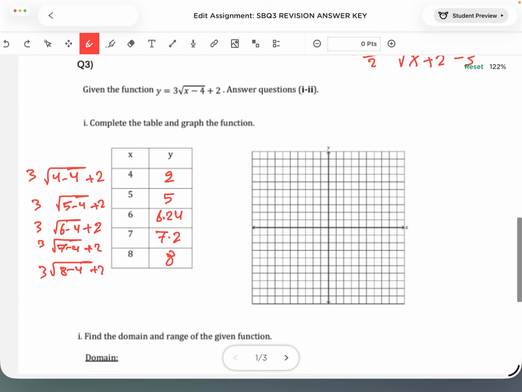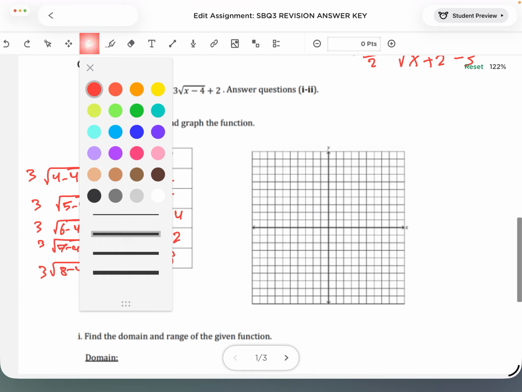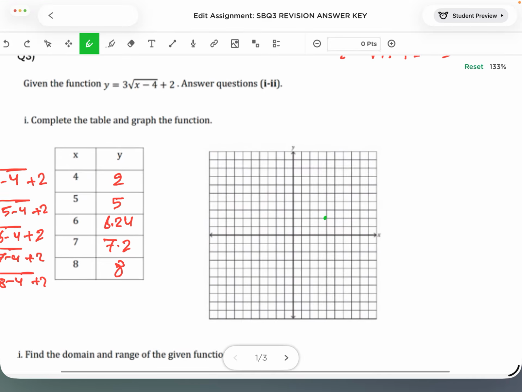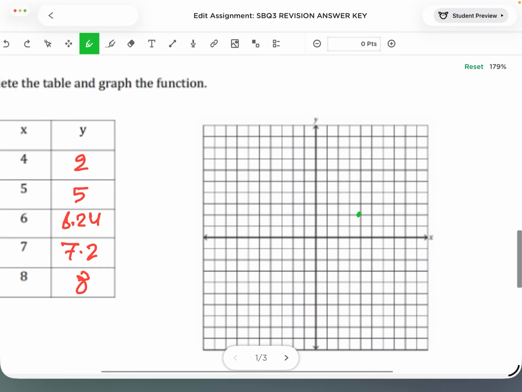Now, I will plot these points in the xy plane. 4, 2, I think it is here. 5, 5. It's not 5, 5. 1, 2, 3, 4, 5, and 1, 2, 3, 4, 5.